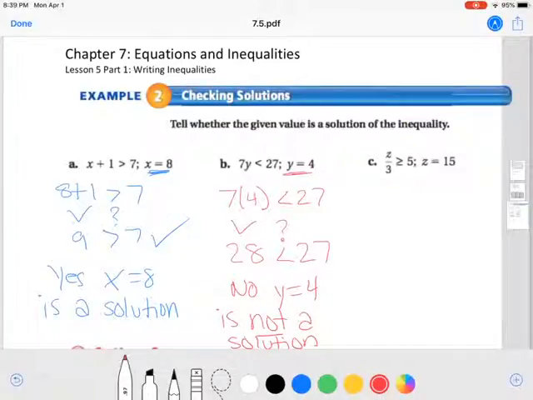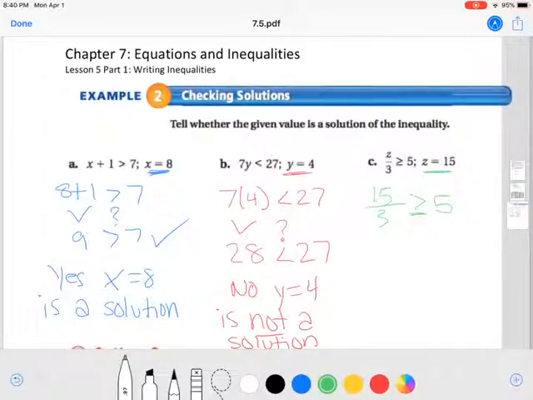All right, let's try our last one. Z over 3, as we should know by now when we're talking about a fraction, this also means z divided by 3. So z divided by 3 is greater than or equal to 5 when z equals 15. Instead of z divided by 3, we have 15 divided by 3 is greater than or equal to 5.